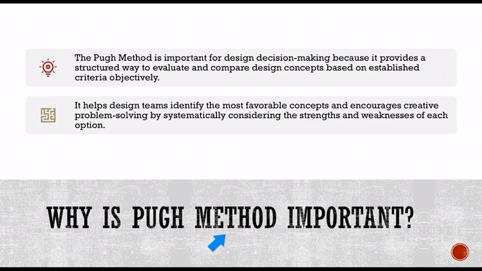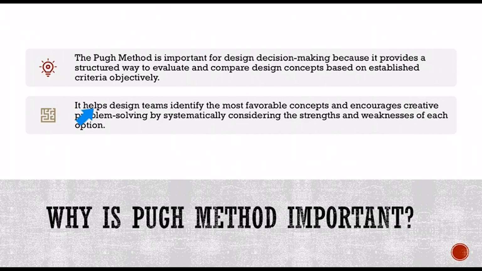Why is the PUGH method important? The PUGH method in mechanical engineering design is important for design decision making because it provides a structured way to evaluate and compare design concepts based on established criteria objectively.